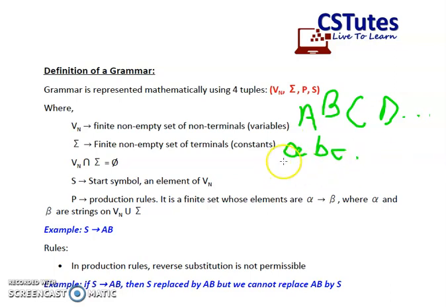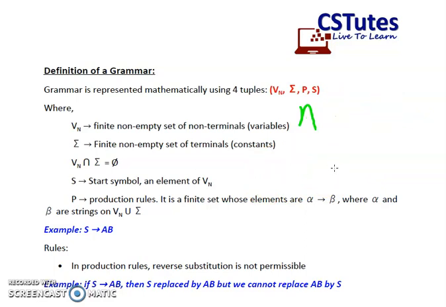So these are our constants or terminals. Terminals can also be represented in the form of 0, 1. So whatever values are provided as input to the variables are our constants, and they are represented either using small alphabets or numerics.